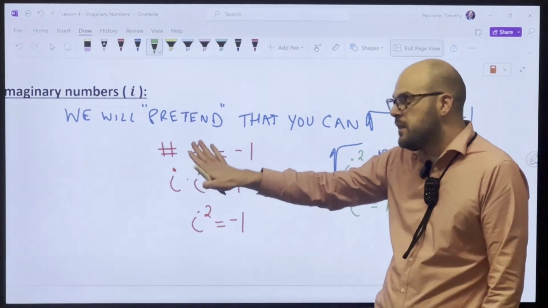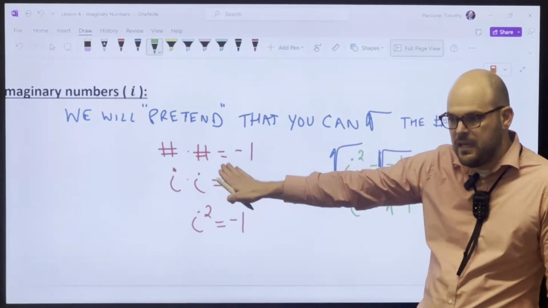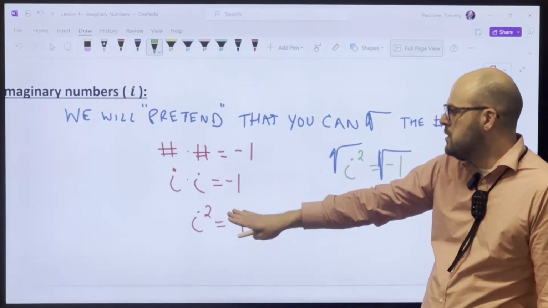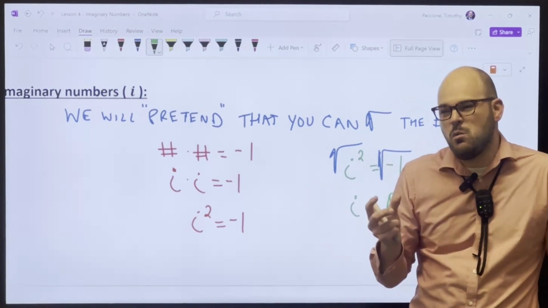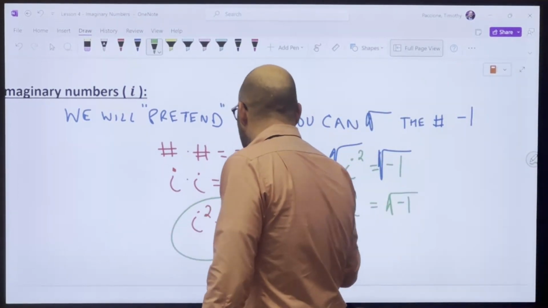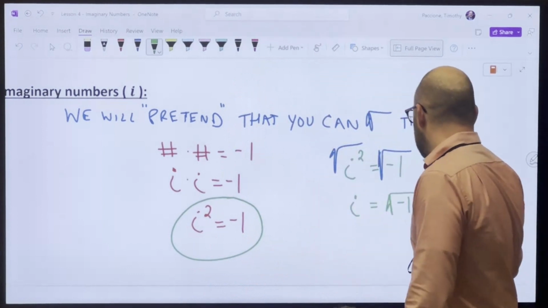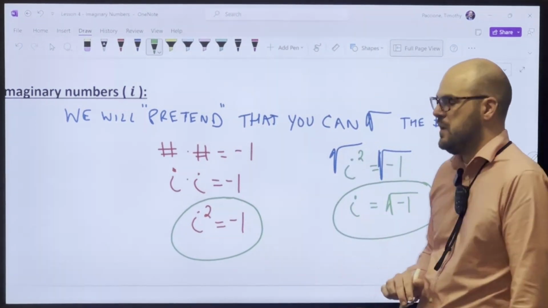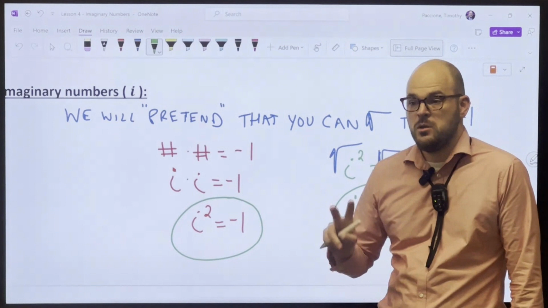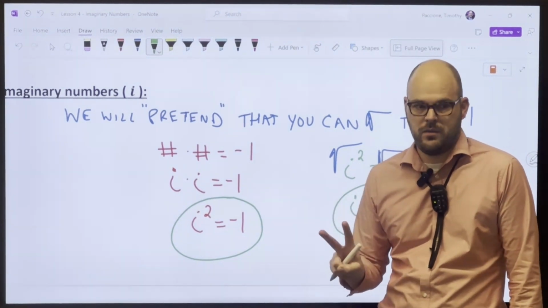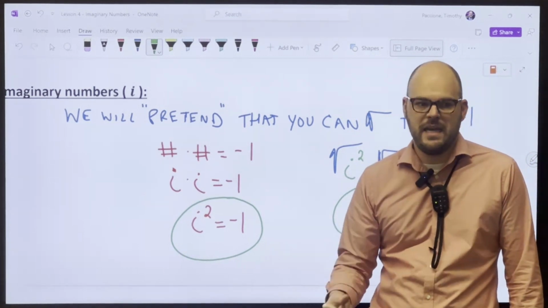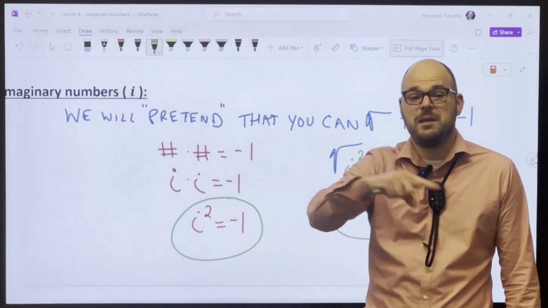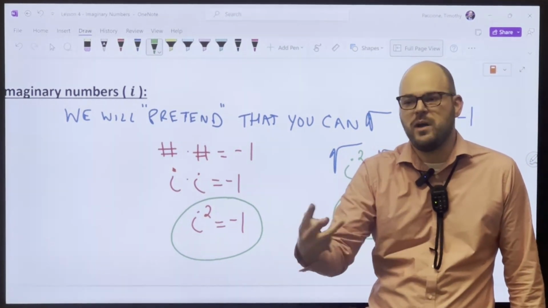So we're imagining that there's this number that you can multiply by itself and get a negative. There's two big takeaways here. Two things that you kind of want to memorize. i squared is negative 1, and i is the square root of negative 1. Okay? Those are two pieces that we're going to play with. Because those two things will allow us to keep going when we get to this imaginary zone, and sometimes get back to the real zone. And that's why it's valuable.